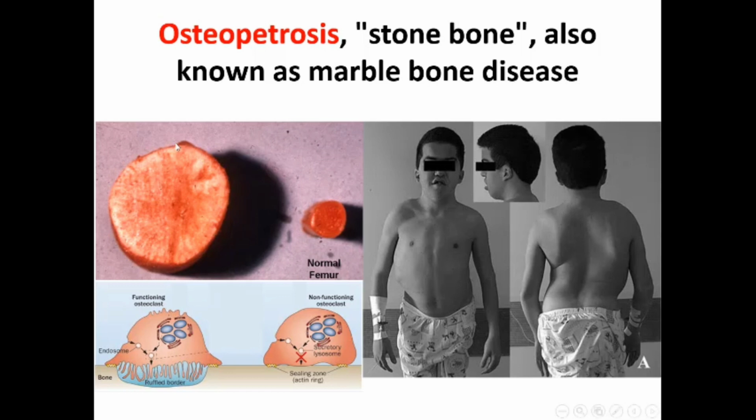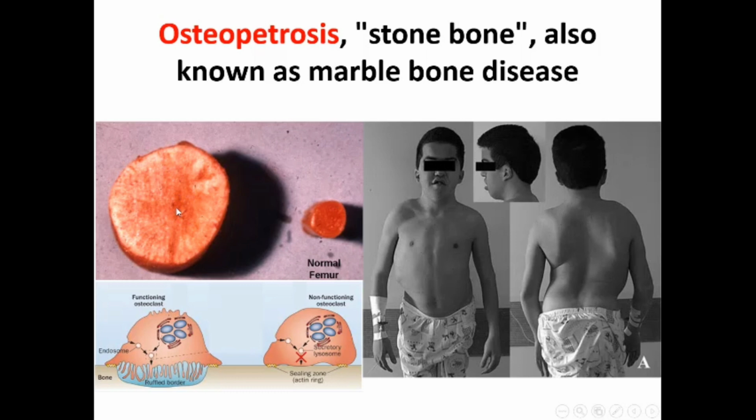Because of that, we have a heavy and dense bone. This bone formation also fills the bone marrow cavity and decreases blood cell formation, causing anemia. You can see the normal bone and osteopetrosis bone.